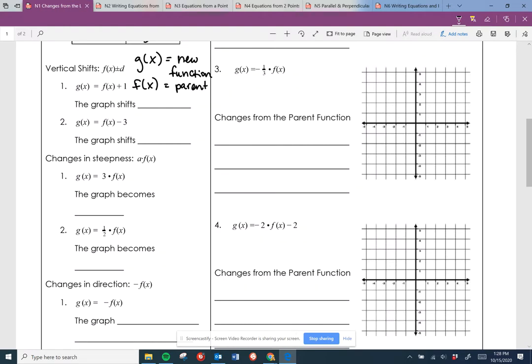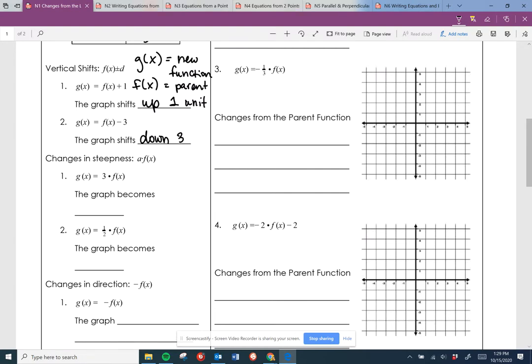So if we have the parent function plus 1, we can see in the new function, our graph is going to shift up 1 unit. Okay, and then on the other side of that, if we see a -3, they take the parent function and then subtract 3, we will see a shift down 3.